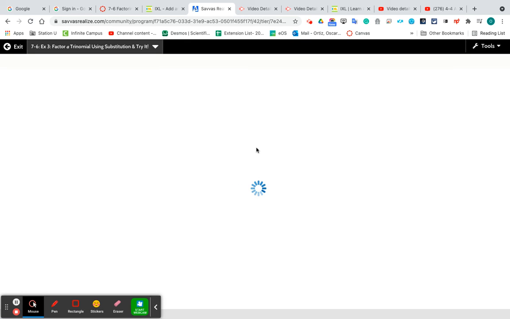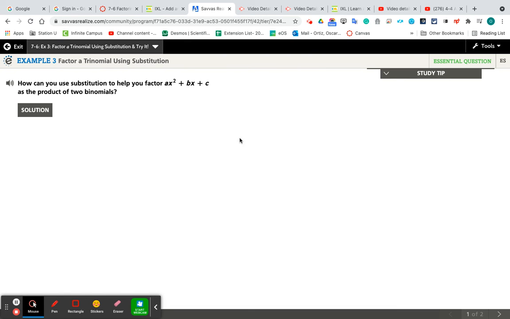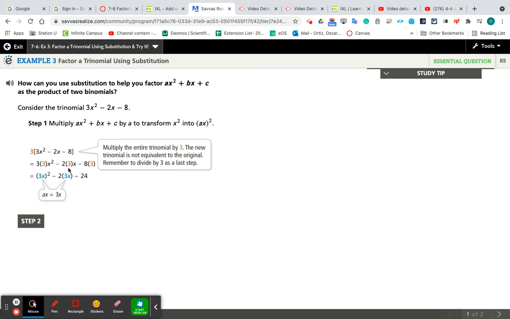So another way that we could factor the trinomial is by using substitution. So we have an idea. Consider this trinomial right here. We have an idea of how to factor if that first term was raised to the second power, unlike it is right now, which is only x raised to the second power.